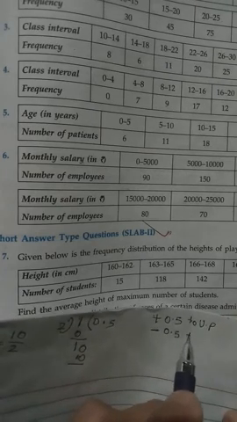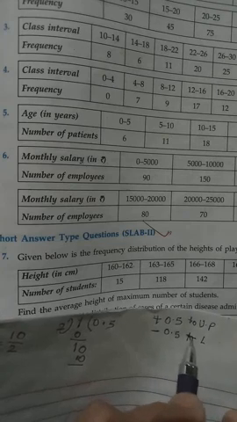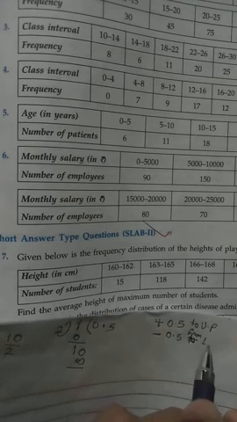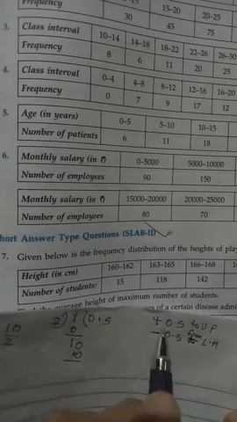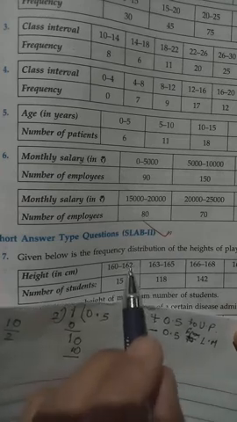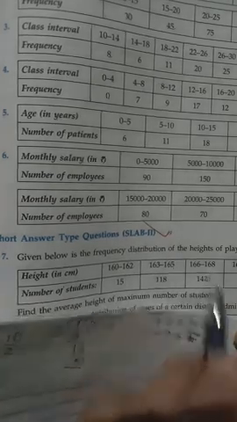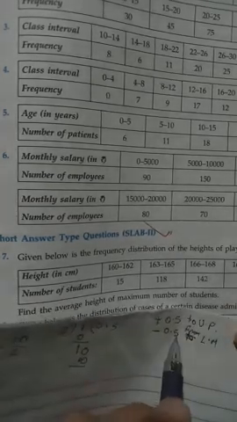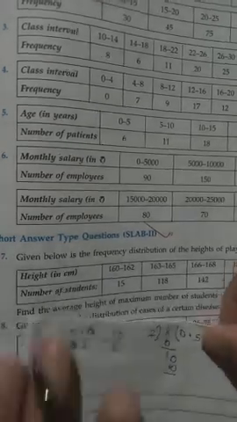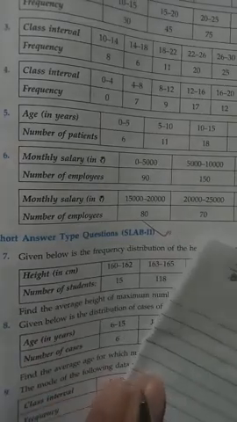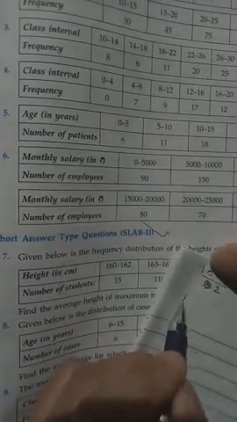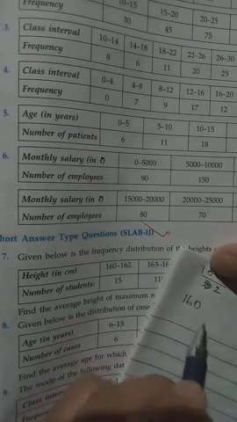We have to adjust to make it continuous. Remember this rule: add 0.5 to the upper limit, and minus 0.5 from the lower limit, for all of these. So now we have 160.